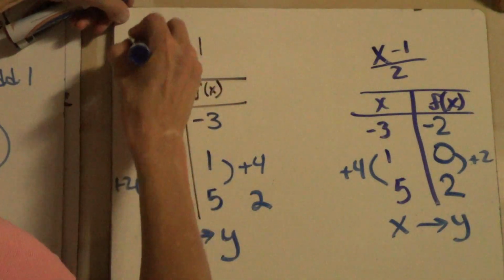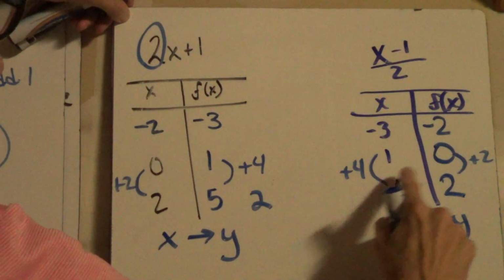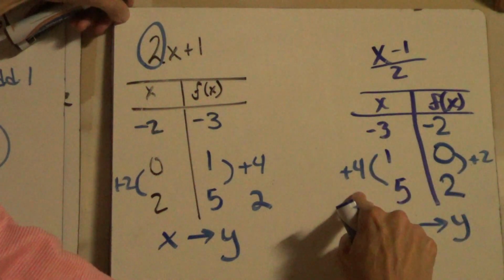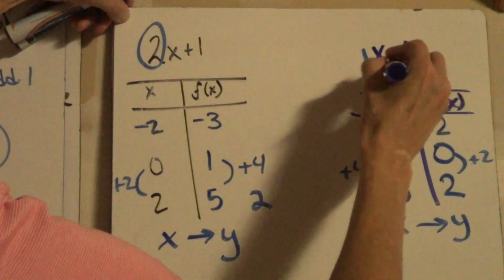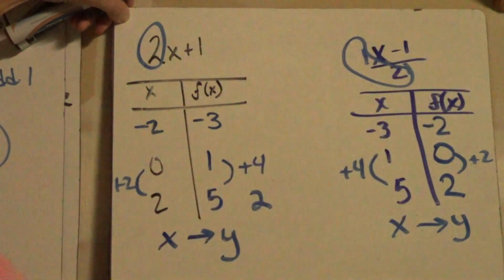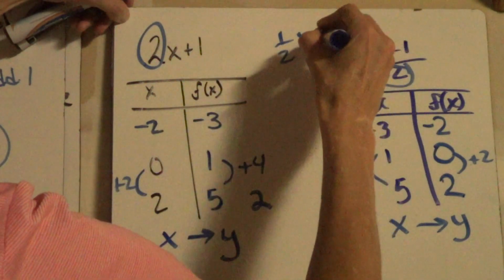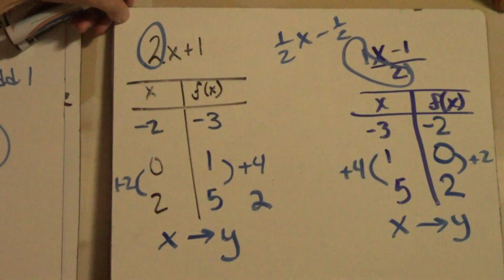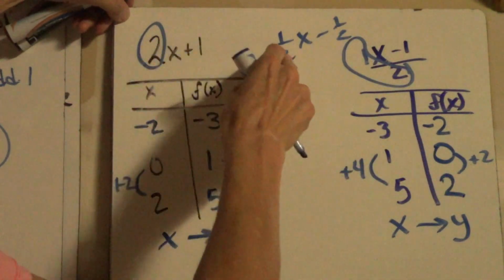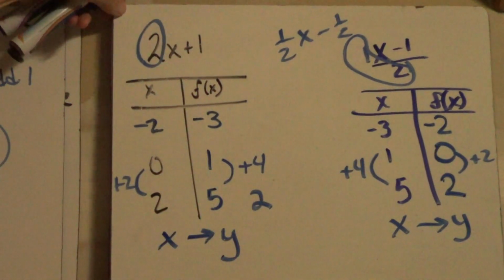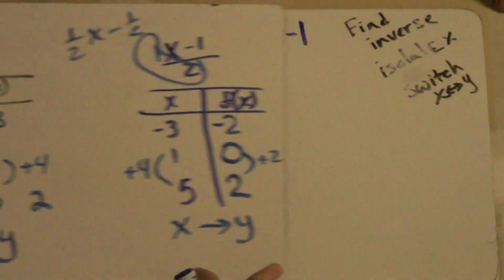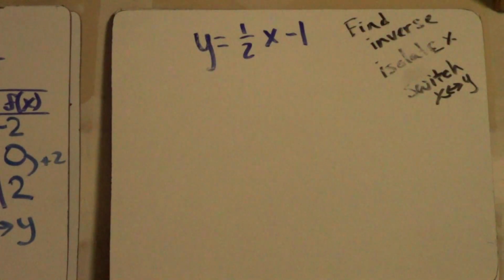We can see that right there. The slope for this one is 2 over 4, which we can see right here. This could be rewritten as 1/2 x minus 1/2. So you can kind of see that we have an inverse of the slopes as well. That might help you when you're doing these, to just know that.